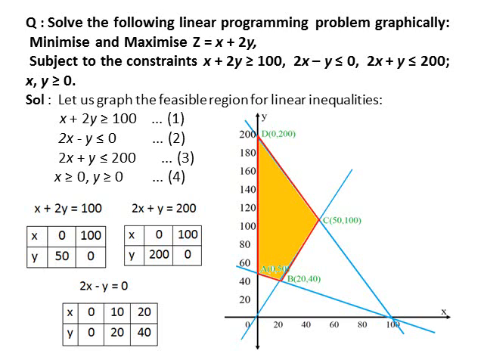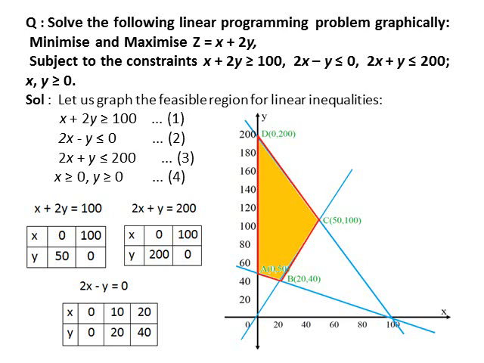Now, mark the corner points of this feasible region. As there are 4 corner points, so we marked it with A, B, C and D as shown. Then find coordinates of these corner points.